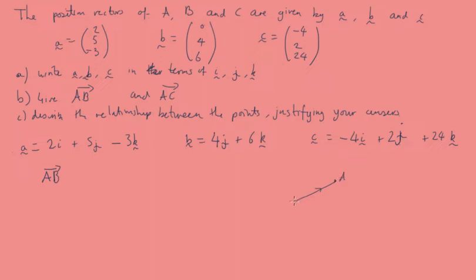Here's A, and B is over here somewhere. This is vector A here, O to A, and this is O to B. So A to B is going to be A back to the origin, then plus the origin up to B, which is the same as our OB minus OA. So this is going to be reversed.